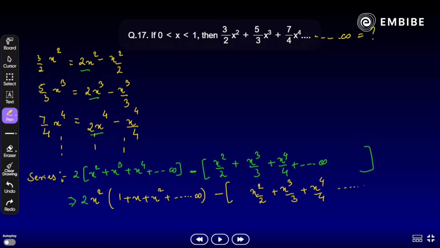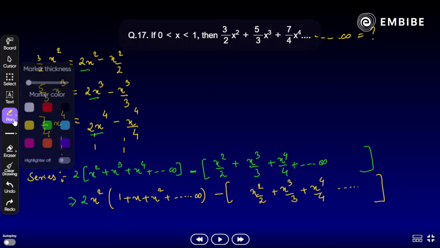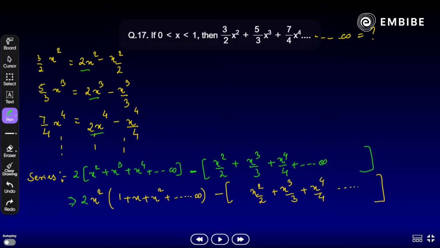Now, in the second bracket, if we add x and subtract x, what do we get here? Yes, if we add x and subtract x. Remember, the series goes up to the infinity. In the first bracket, we have a GP. Yes, the sum of infinite terms should be a by 1 minus r.